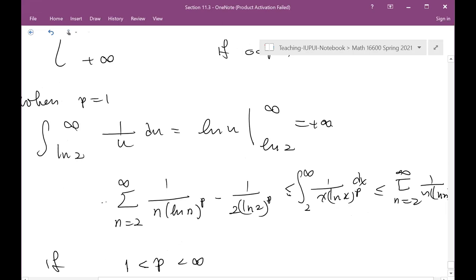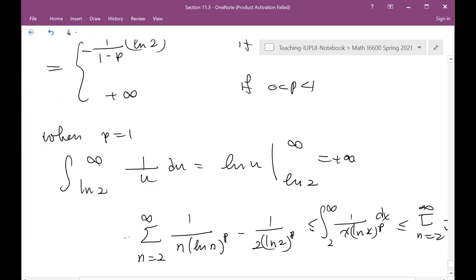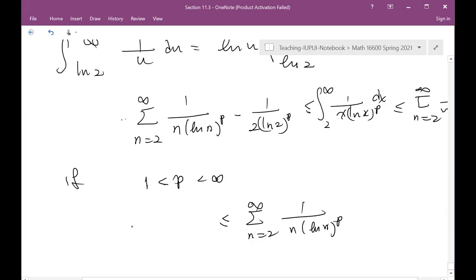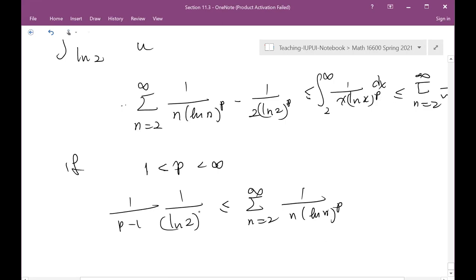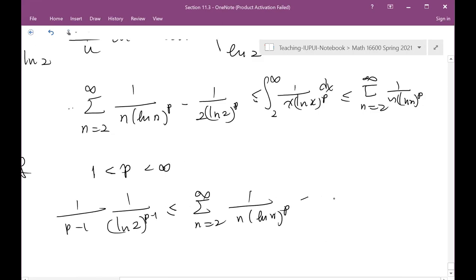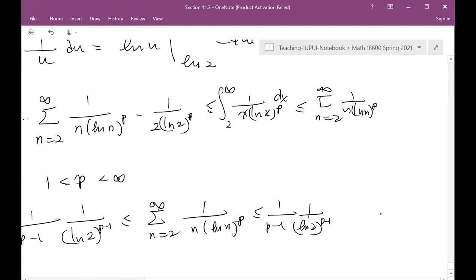The value here is natural log of 2 to the power 1 minus p over p minus 1, and on the other side the same value plus the first term, 1 over 2 natural log of 2 to the power p.